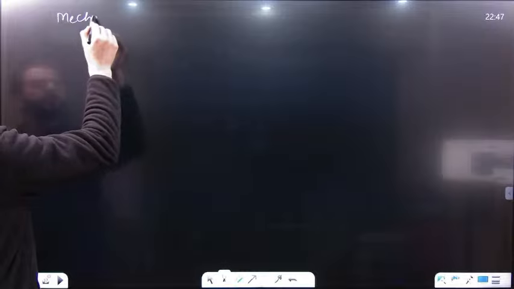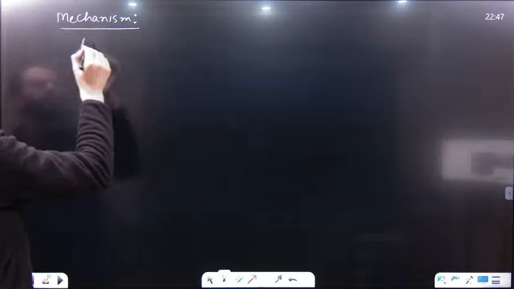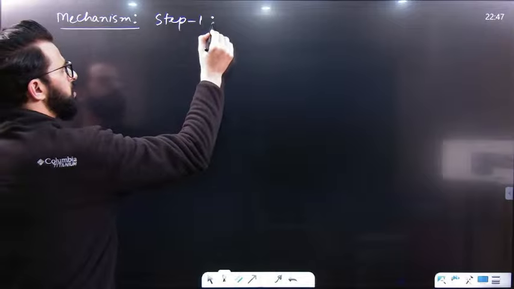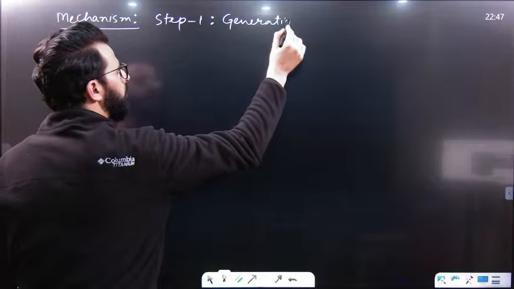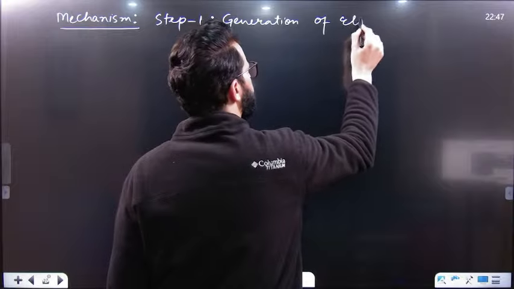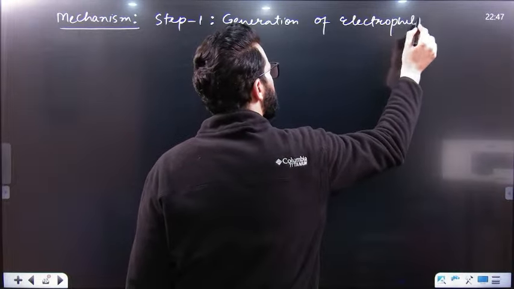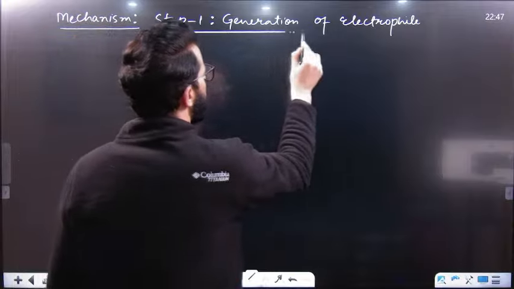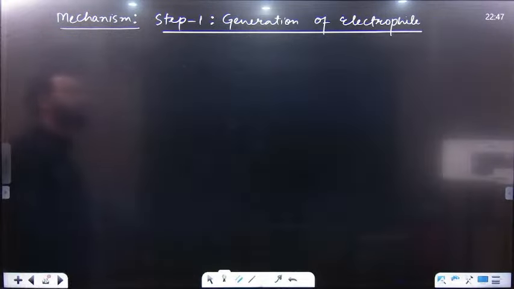The first step of this mechanism is generation of electrophile. That means we have to generate an electrophile. These are very important reactions.